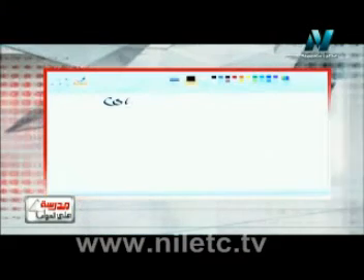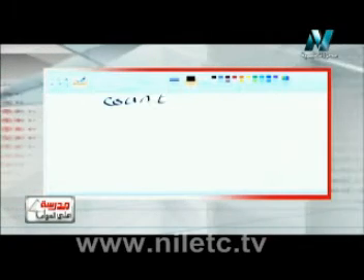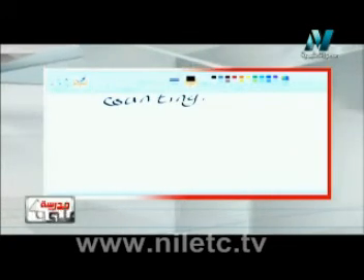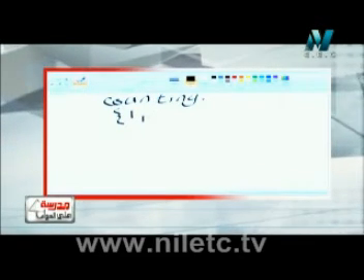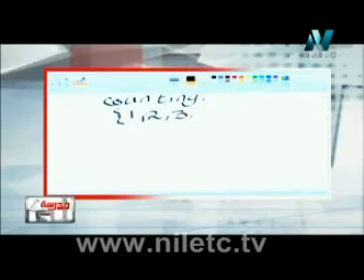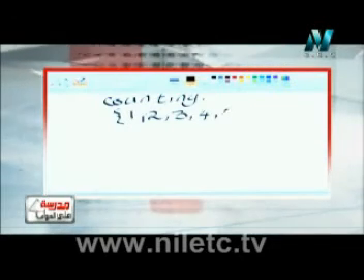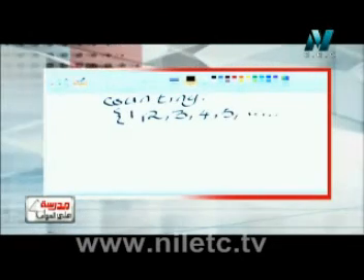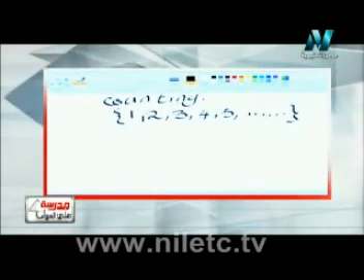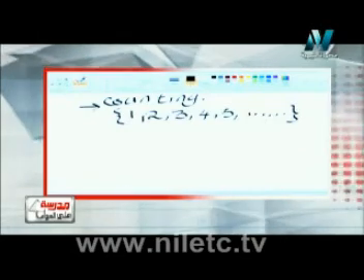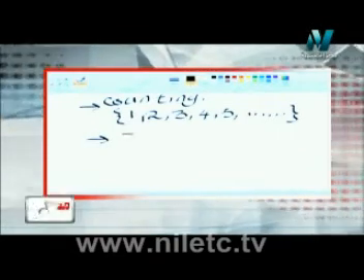Okay, let's count together this set we found before, the set of counting numbers. Counting numbers is a set starting with element 1. We say 1, 2, 3, 4, 5, and so on.